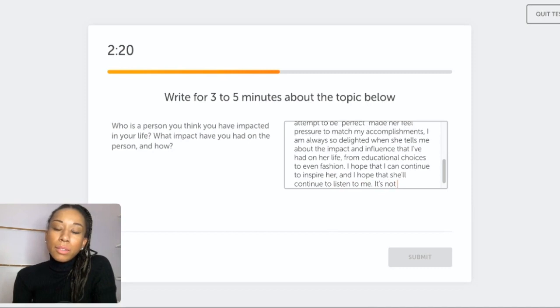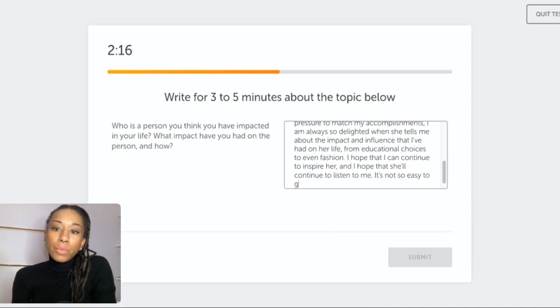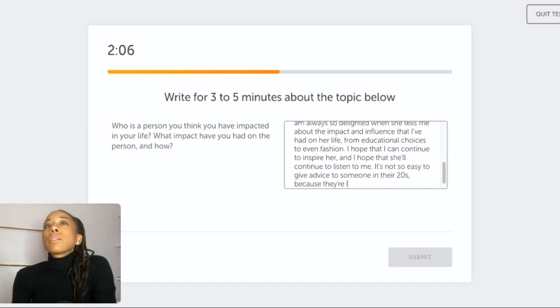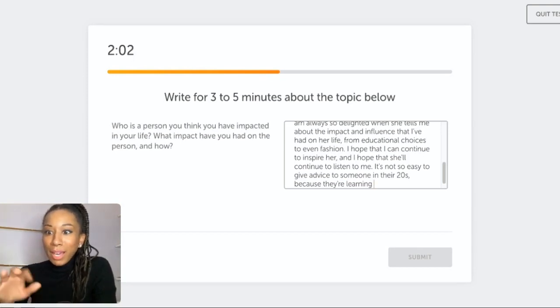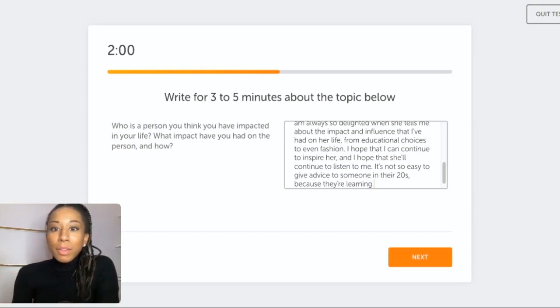It's not so easy to give advice to someone in their 20s, because they're learning. I feel like, are they scoring me based on how much I'm writing in this? Oh, finally. Okay, because they're learning from their own experience.